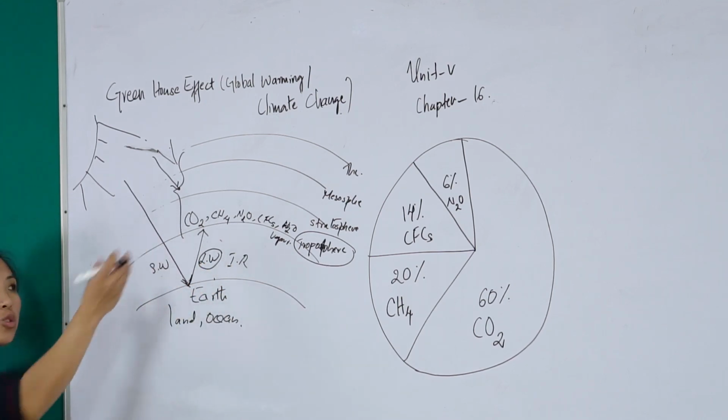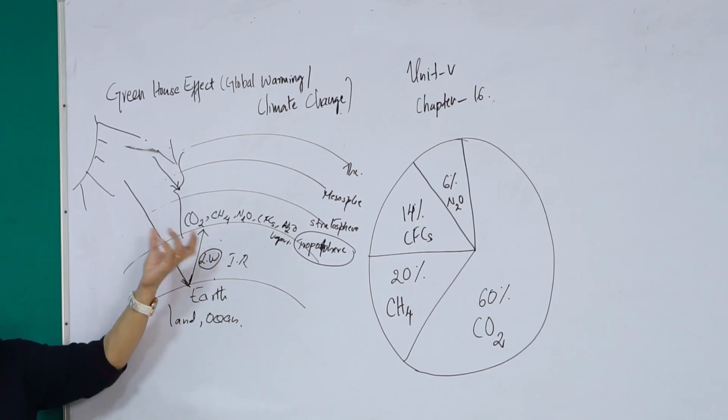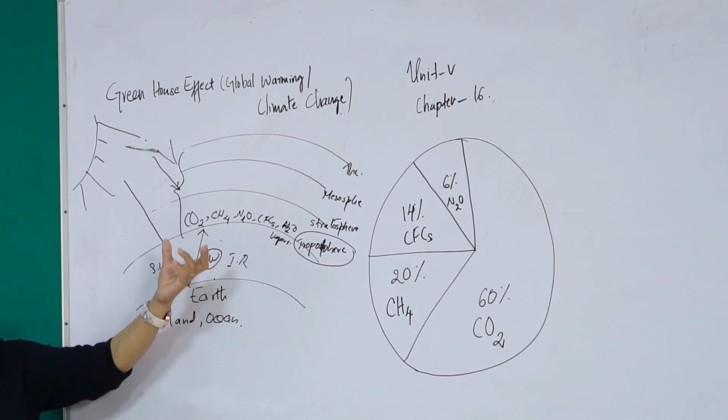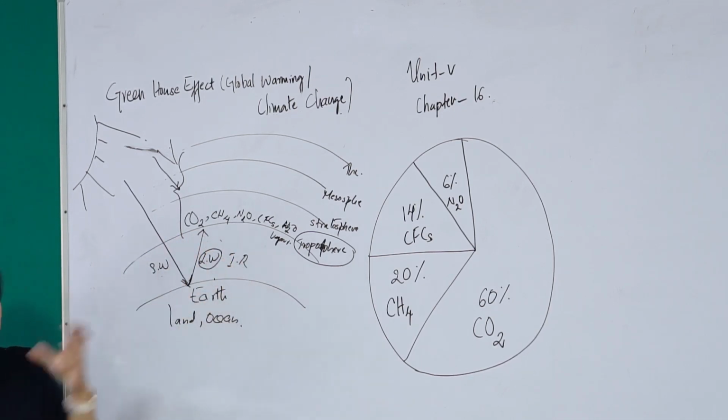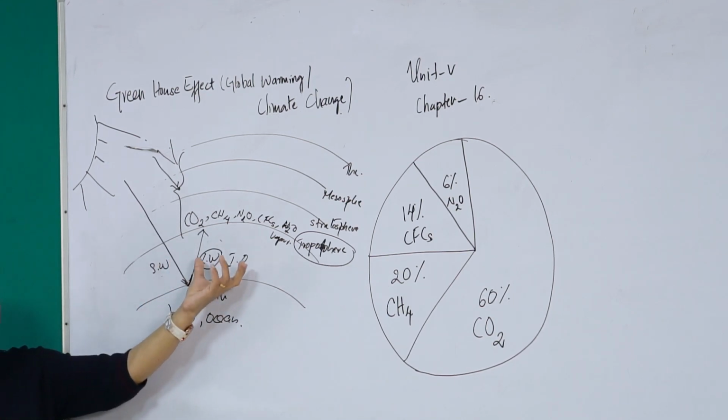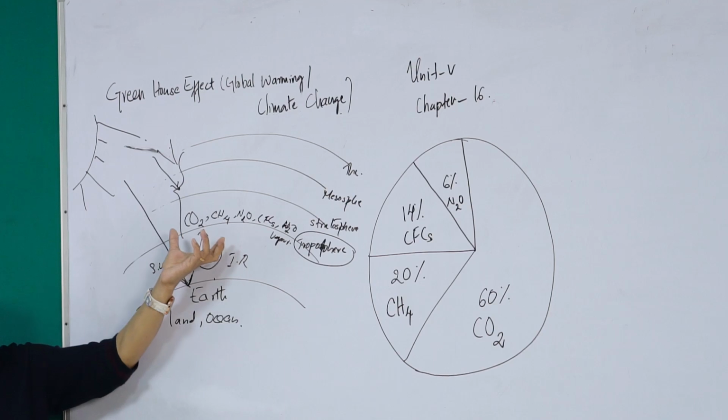These are the natural constituents: carbon dioxide, methane, oxides of nitrogen, chlorofluorocarbons, water vapor. They do not allow these long waves or the infrared rays to escape back into space.